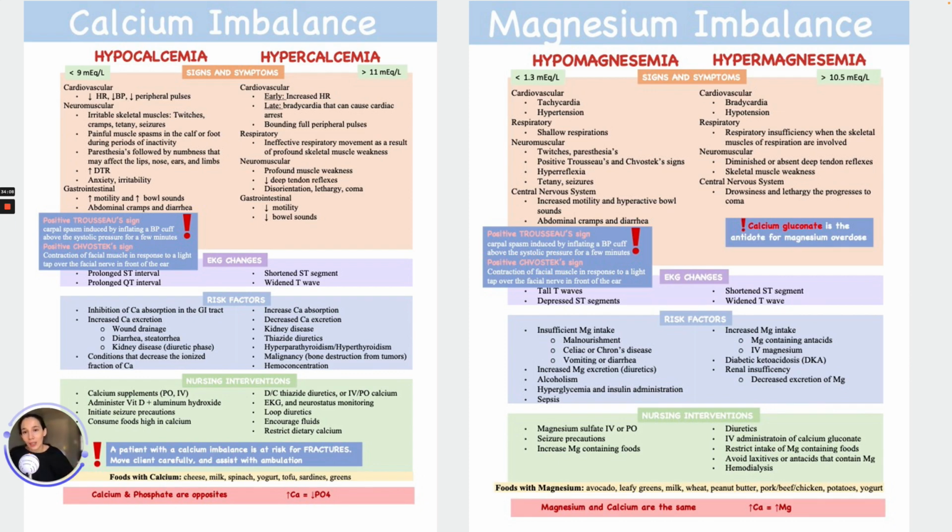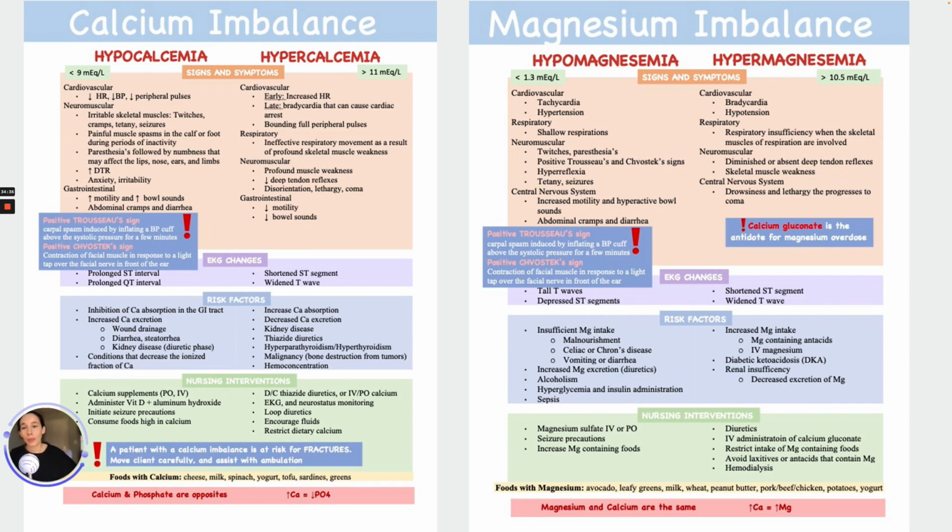When calcium and magnesium are low, that is when we really see the neuromuscular increase: twitches, cramps, tetany, and seizures. That's when you get the positive Trousseau's and Chvostek's sign, because those muscles are spasming. That is how I like to remember those.